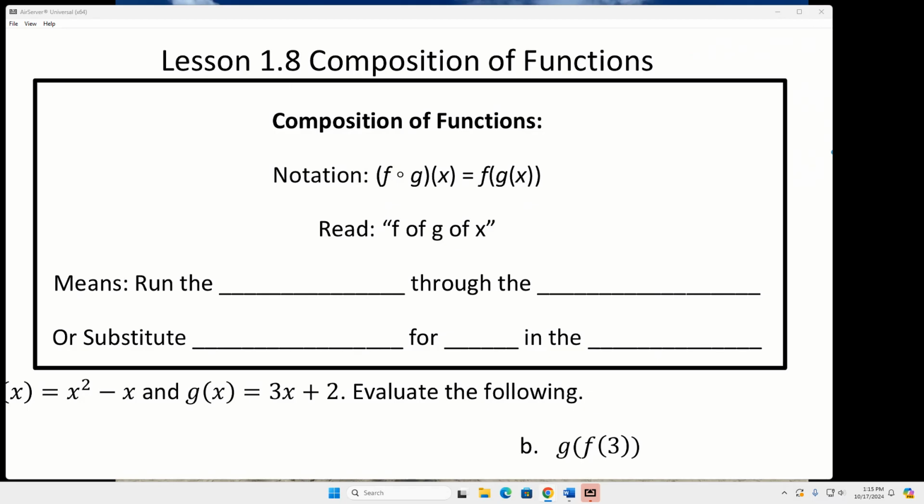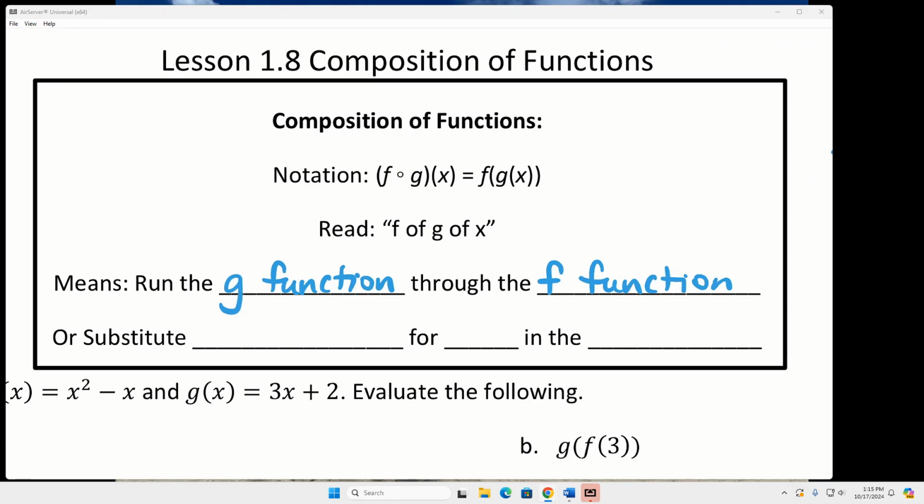Now, sometimes I like to think about a function like a machine, and you put something into the machine and something comes out of the machine. So if you think of it that way, f of g of x means to run the g function through the f function. So everything that the f function is doing to x, you do that to g.